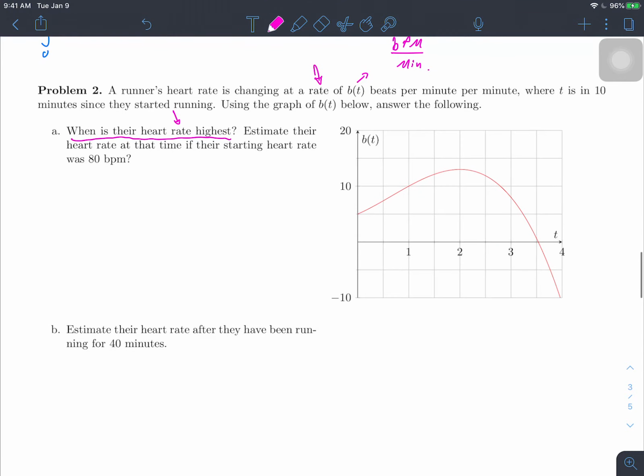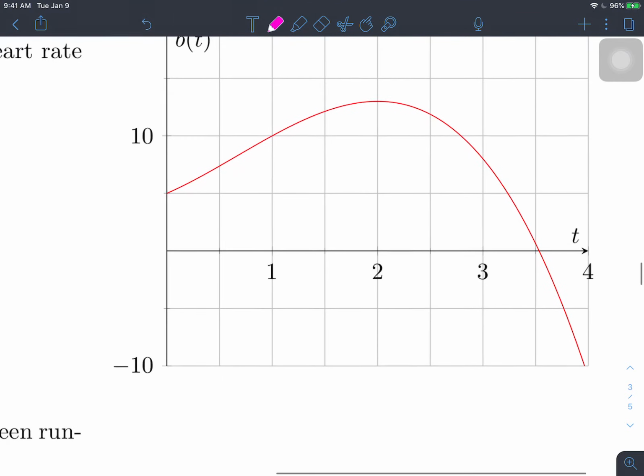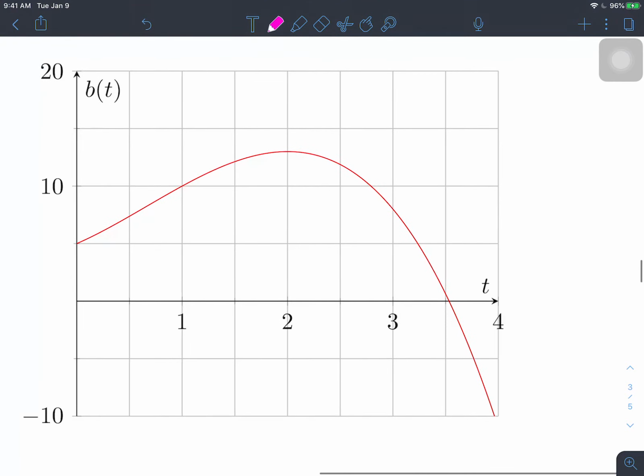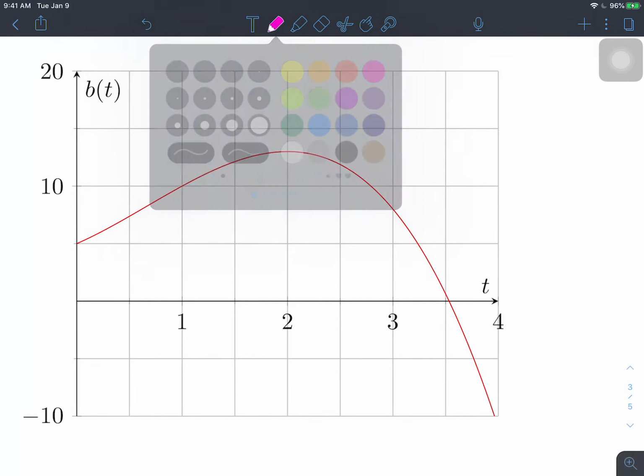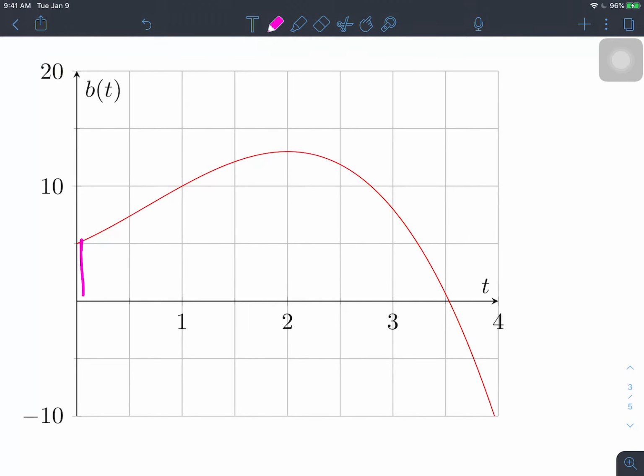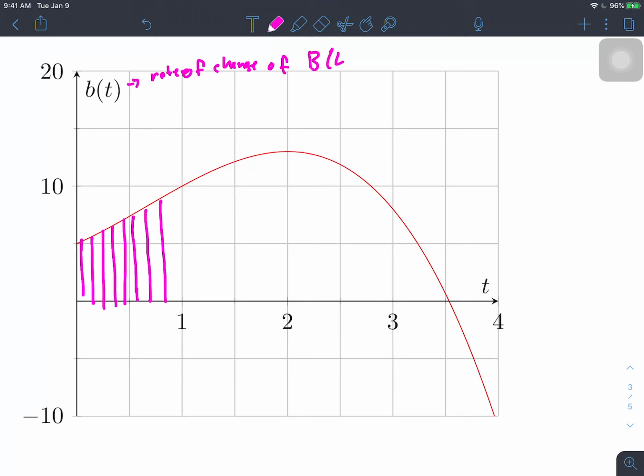Since b of t here is a rate, as we move from left to right, the area that I am accumulating is going to represent the change of some function b of t, which gives us the beats per minute.